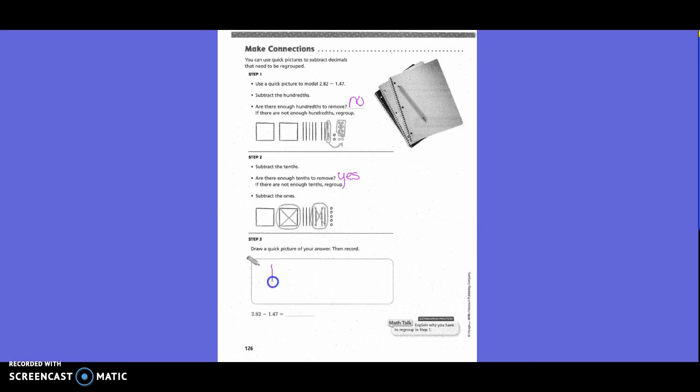So they would have 1 flat. How many longs? 3 longs. And how many small cubes? 5. So our answer would be 1.35.